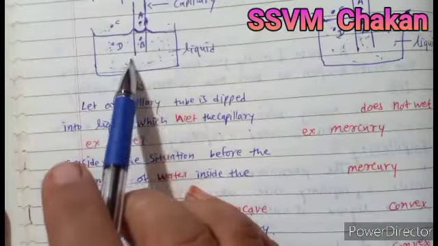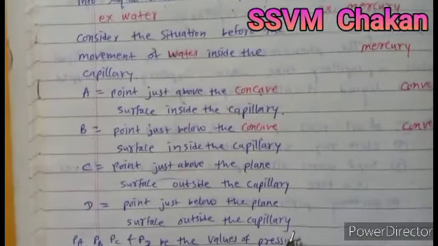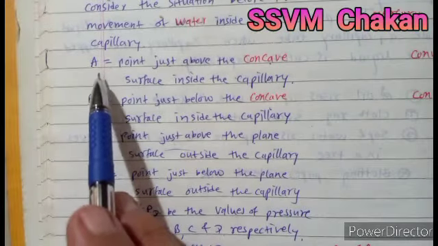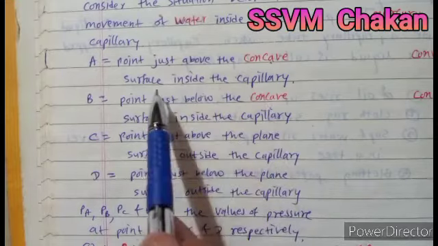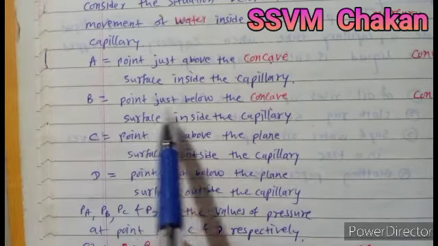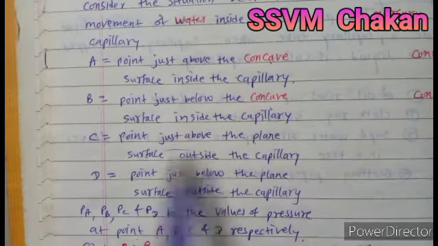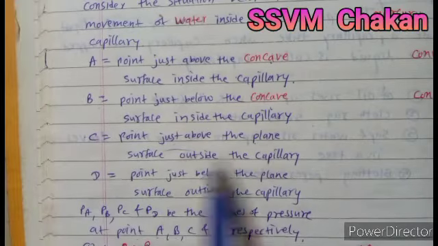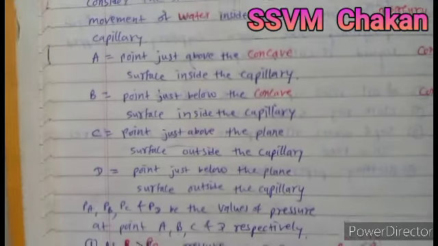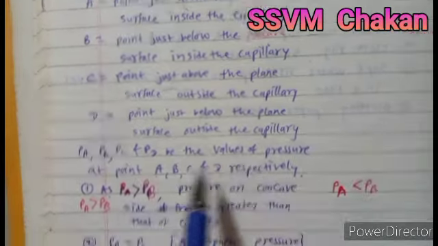Now we observe how water rises in the capillary. Of the 4 points, A is just above the concave surface inside the capillary, B is just below the concave surface inside the capillary, C is just above the plane surface outside the capillary, and D is just below the plane surface outside the capillary.